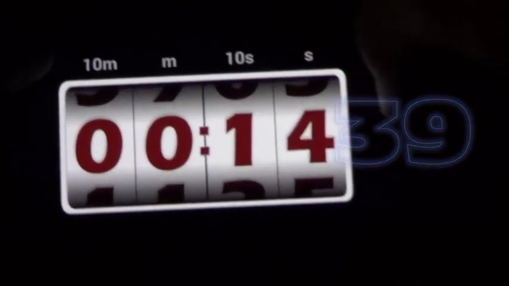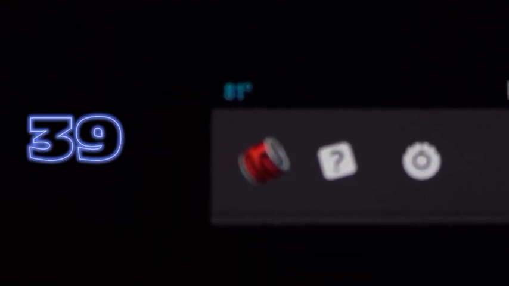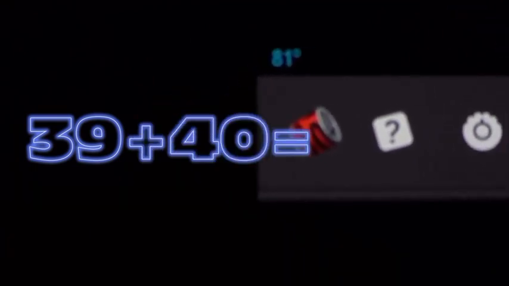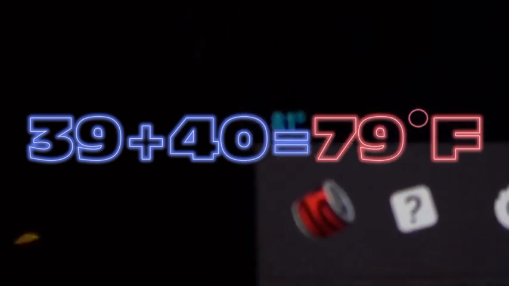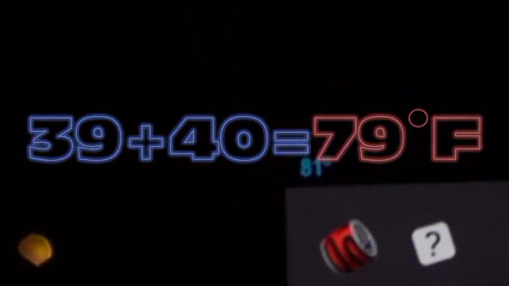Okay, it sounded like it was 39 chirps, and you add 40 to that, you get 79 degrees, and the phone is showing that it is 81 degrees, so pretty close.